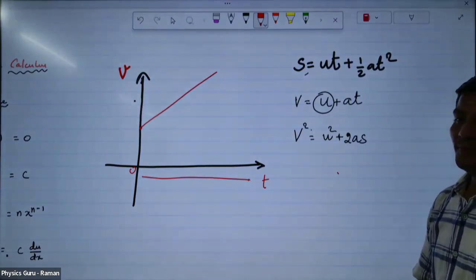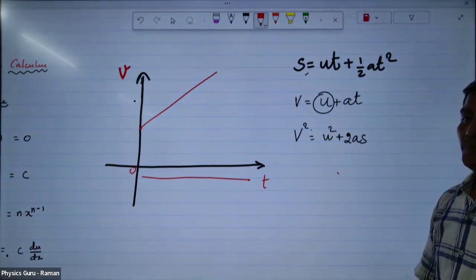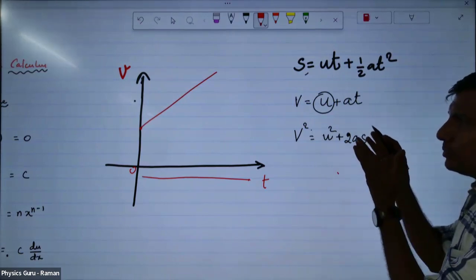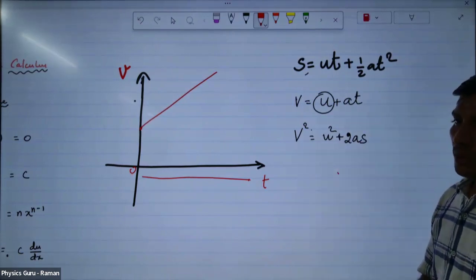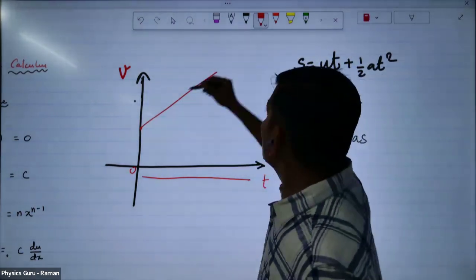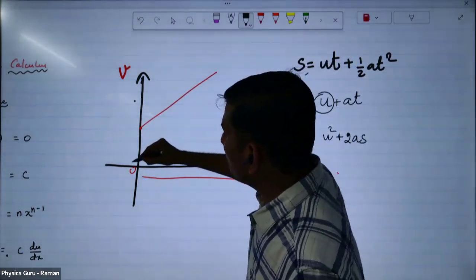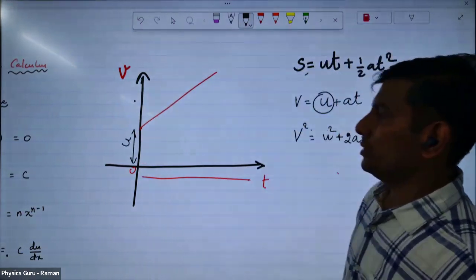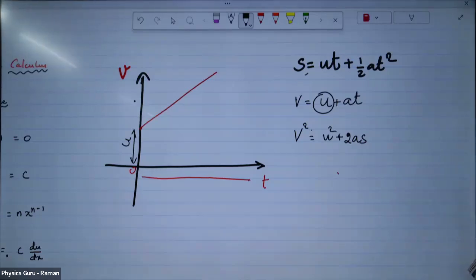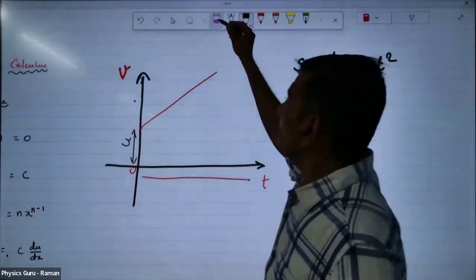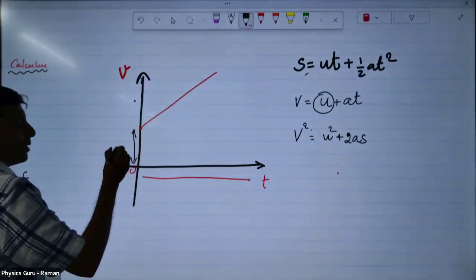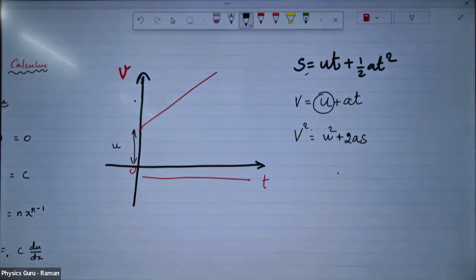Suppose someone gives you this kind of graph, obviously this distance is going to be your initial velocity.